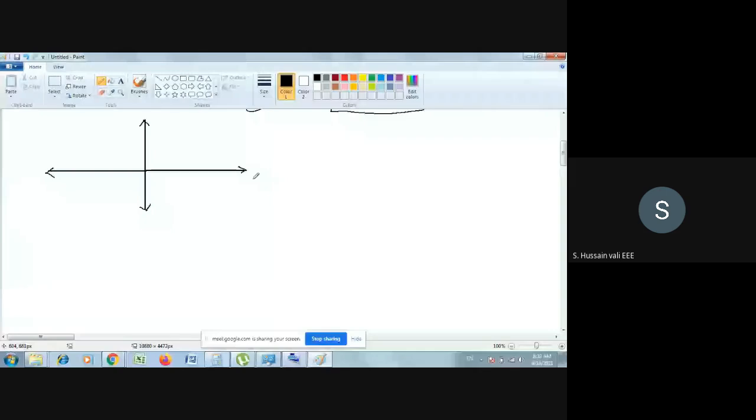Sometimes in textbooks you see that slip is also taken. So just recall, I will just draw that.